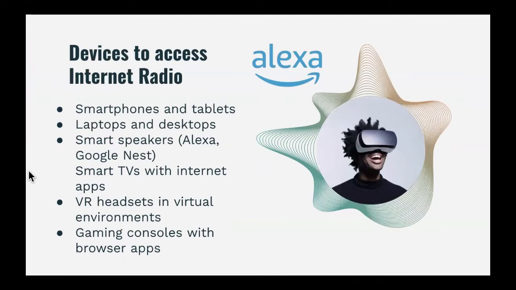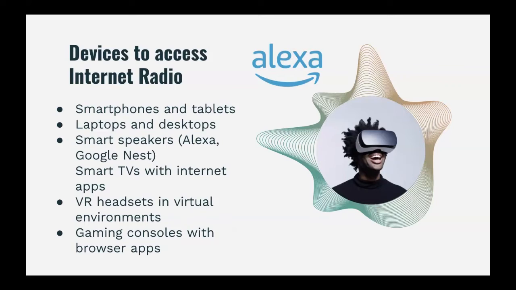So next, we're going to discuss accessing internet radio, specifically the different devices. So you can go through your smartphone or tablet. If you have a laptop or desktop, those are also devices you can use to access internet radio.